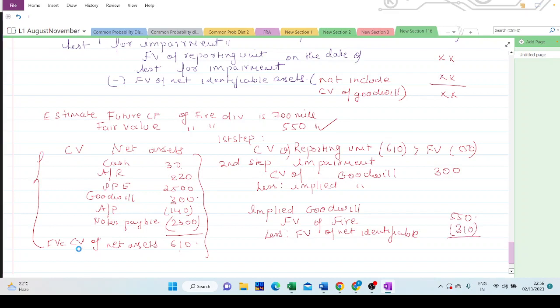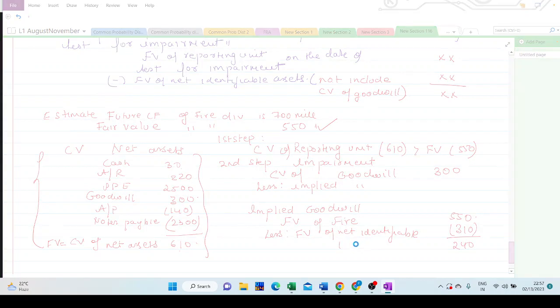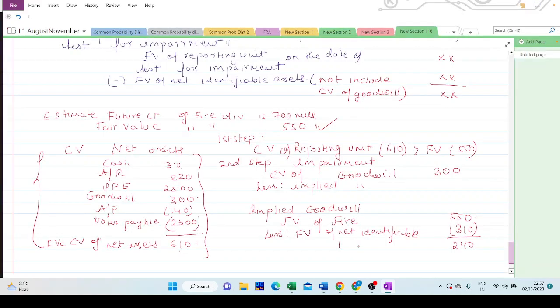We are said that fair value equals to carrying value. So fair value of net identifiable assets of fire division is basically 310. 310 ना. हाँ. So 550 minus 310 हो गया 240. So your implied goodwill is 240. ठीक है. So carrying value of goodwill is 300.